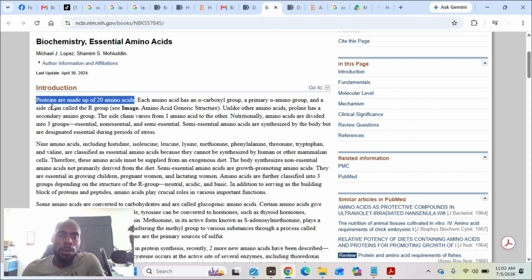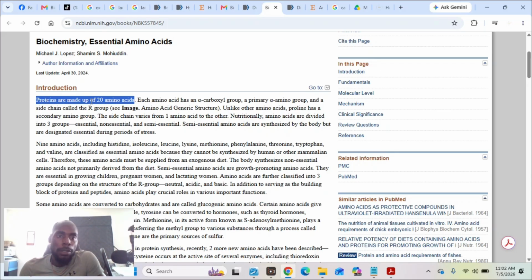Proteins are made up of 20 amino acids. There are actually more amino acids than 20. The body produces so many different types of protein, but these are just the amino acids that are acknowledged.